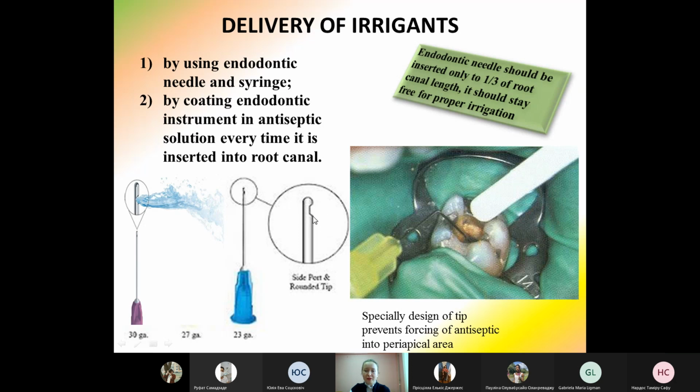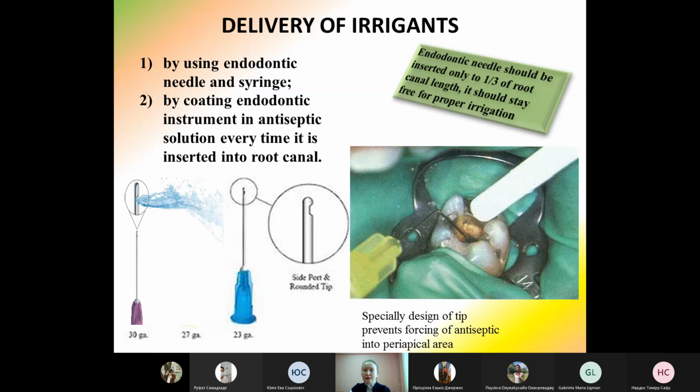It has an opening on a lateral border, and actually this design prevents direct extrusion of the antiseptic into periapical tissues, and thus prevents toxic influence to periapical tissues, because all antiseptics are water solutions of acids, and acids are toxic substances that can cause burning.